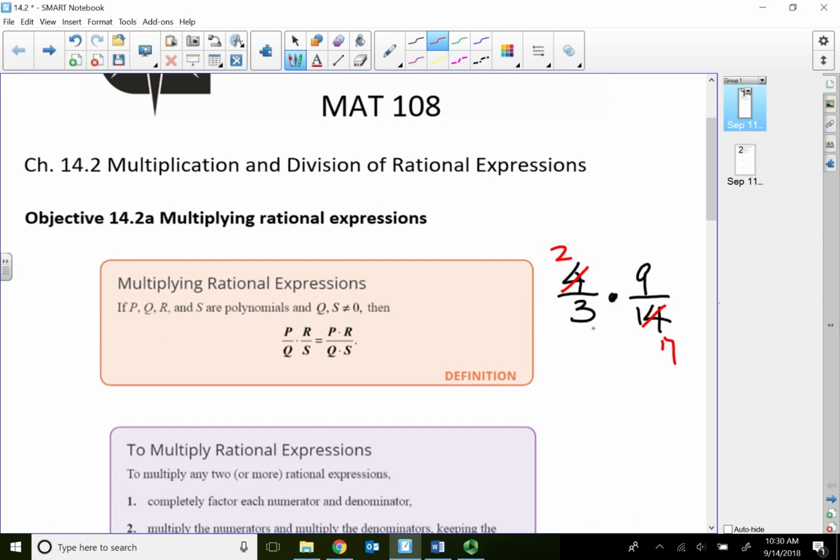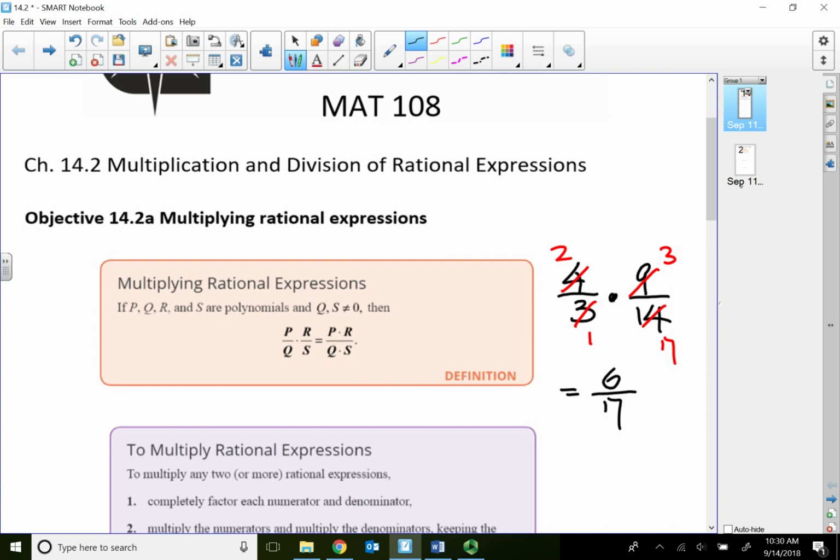The top 9 and bottom 3 can be reduced by 3. So 3 divided by 3 is 1. 9 divided by 3 will be 3. So once I completely reduce the numerator with the denominator, then we can multiply side by side, and that will give me 6 over 7.